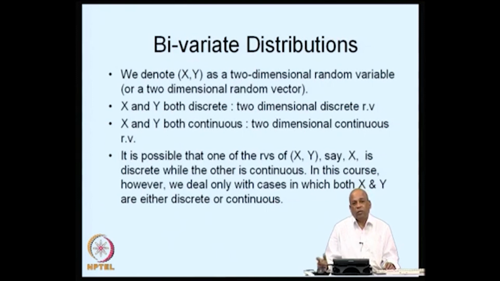In some situations it is possible that one of the RVs, let us say x, is discrete while the other, y, is continuous. Such situations do exist, but in this course we will not go into such random variables.